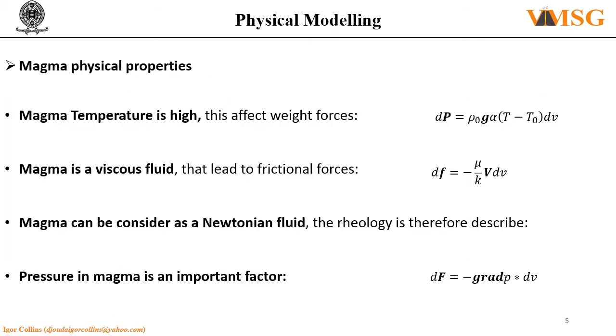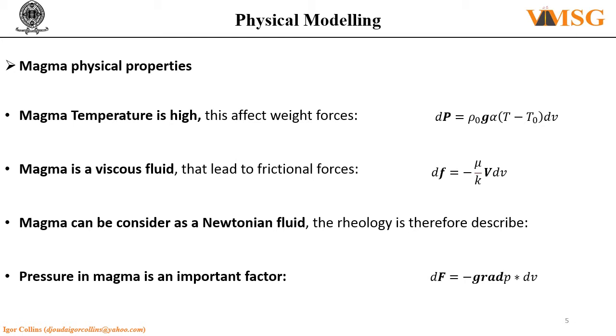For physical modeling, we need to specify some magma physical properties. We know that magma temperature is high, and this has an effect on the buoyancy forces. Therefore, magma buoyancy forces are affected by the temperature of magma and the temperature of magma at the source. Magma is a viscous fluid, and this will affect its motion during the ascent.